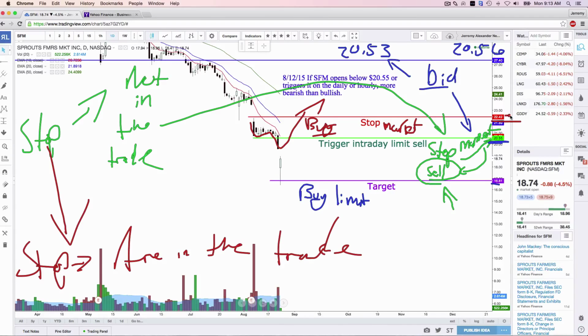I would have lost approximately $2 a share, and I would have gotten out. So the stop would have been a stop market. The target would have been where I buy at a limit price. So again, when you buy at a limit, you want to buy at 16.81 or lower. Sell high, buy low.